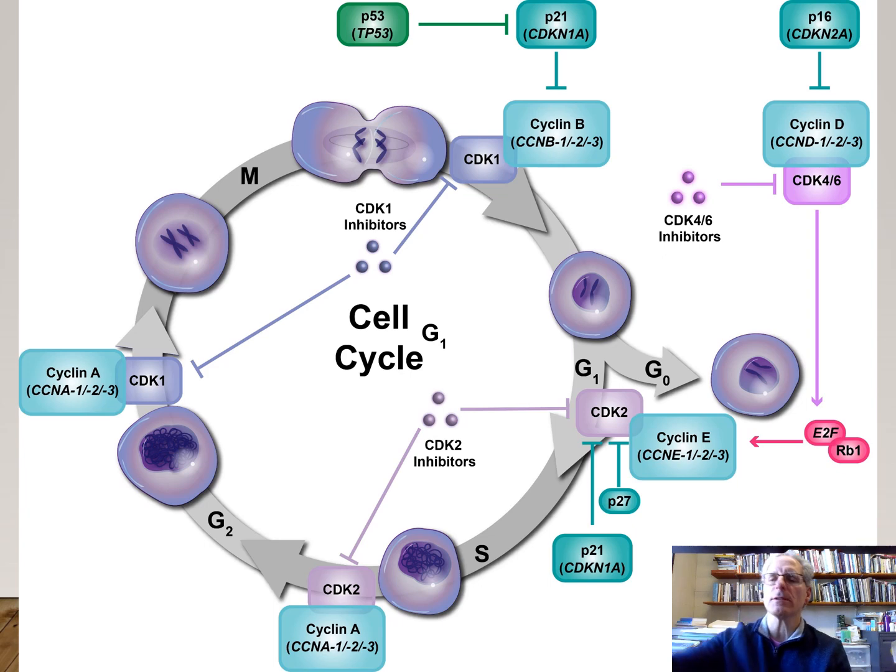Cells go through the cell cycle. Our cells go through a proper cell cycle. The cell cycle consists of multiple parts. M phase is the actual mitotic part of the cell cycle.